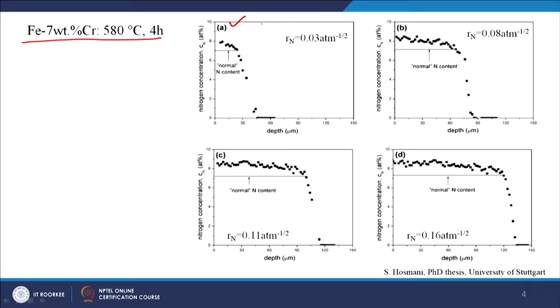Here you have A, B, C, D, and these 4 are for different nitriding potentials, increasing as one can see here. And then you see the measured nitrogen concentration as a function of depth. So, this 0 depth implies the surface.